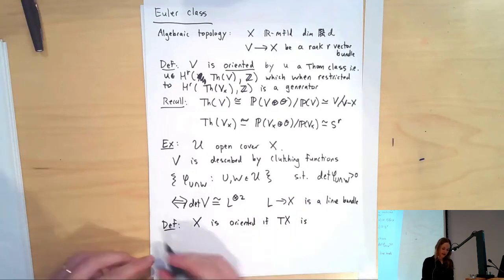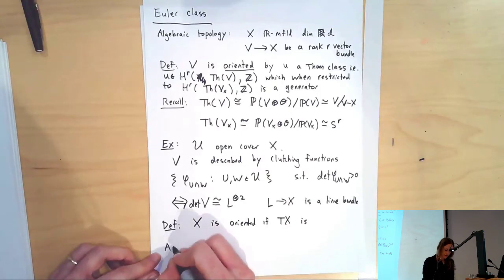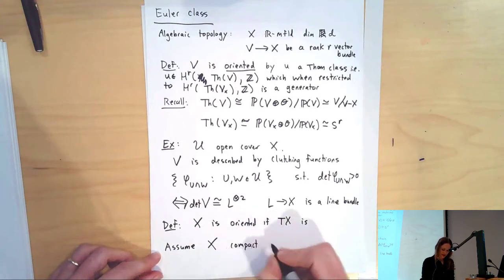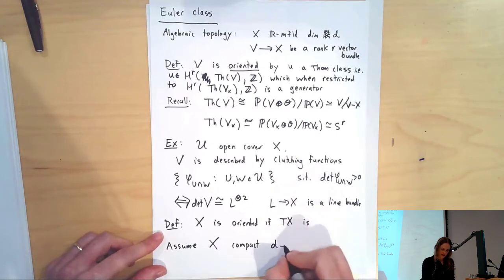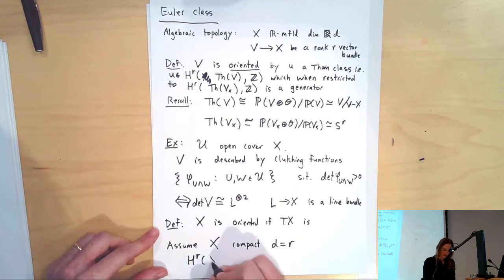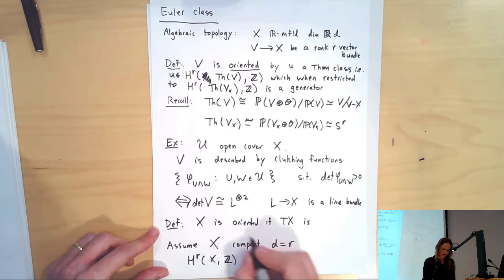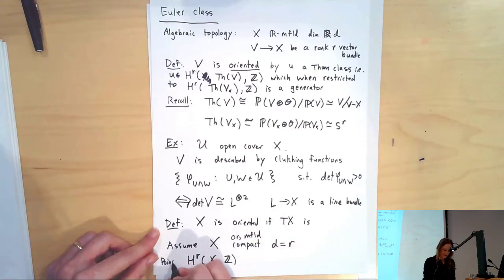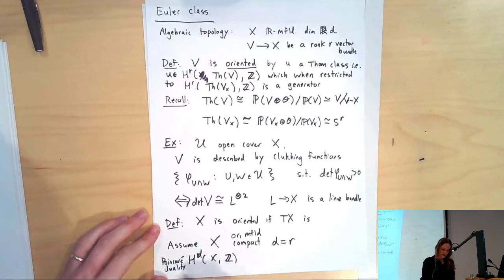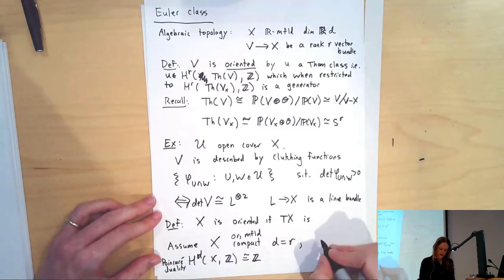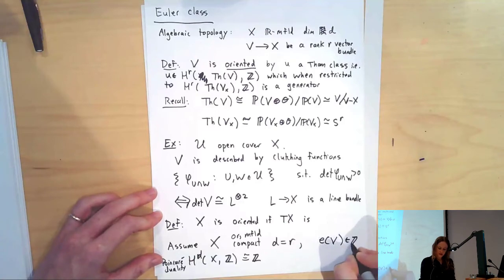If X is compact, and so assume X compact and that the dimension D is equal to R, Poincare duality, for a compact oriented manifold, gives us an isomorphism from the dimension D cohomology of X with Z coefficients to Z. So under these assumptions, E of V is an integer.